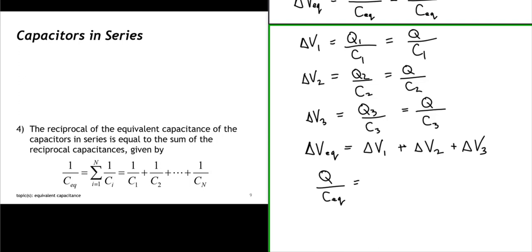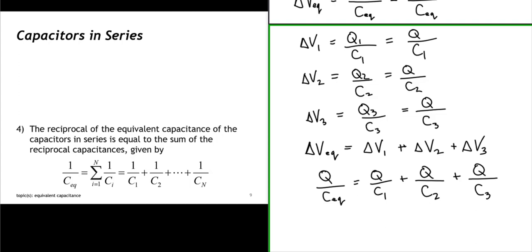For the potential difference across capacitor 1, we have Q over C1. For capacitor 2, we have Q over capacitor 2's capacitance. And for capacitor 3, we have Q over capacitor 3's capacitance.